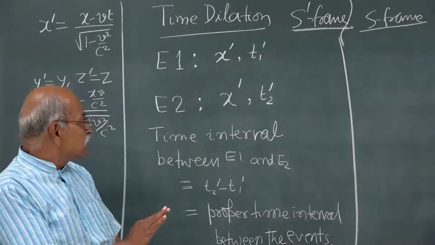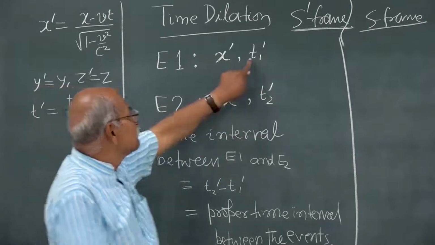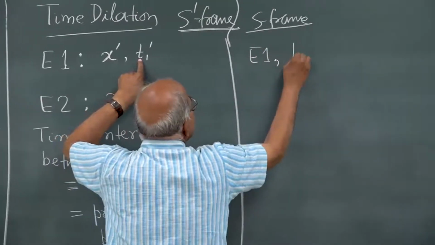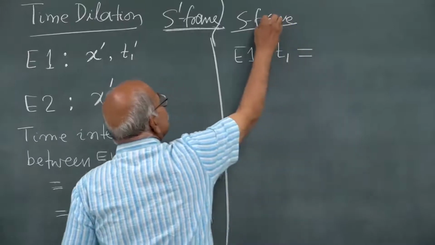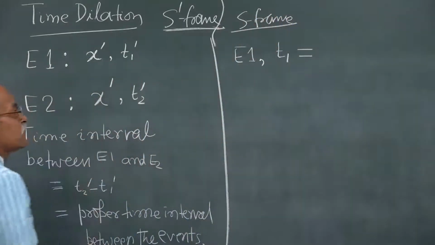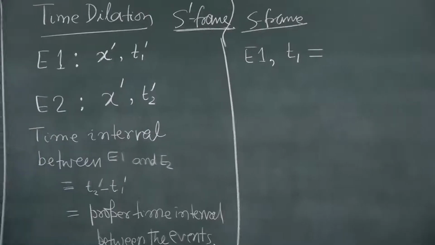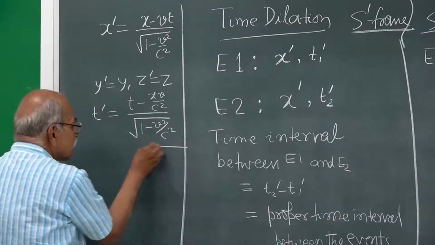Now, I am not interested in position, I am interested in time. So, what is t1 prime for this event E1? It is here. What is t1? From S frame, what is the time of this event? That t1 will be given by the Lorentz transformation, reverse transformation.